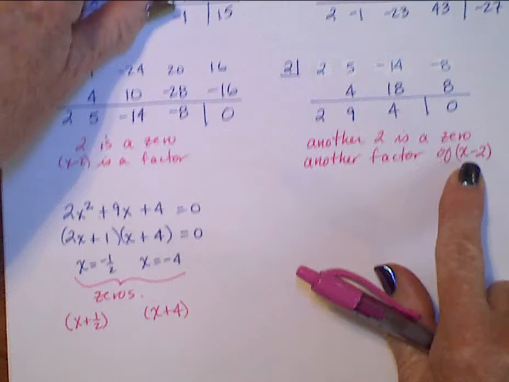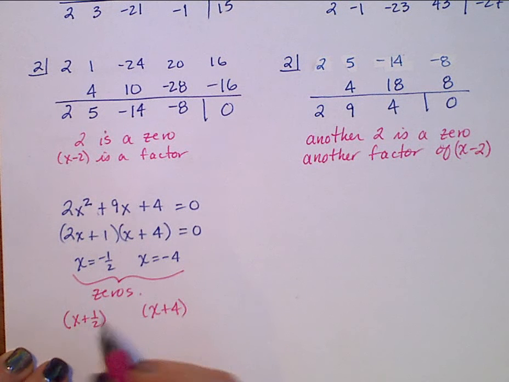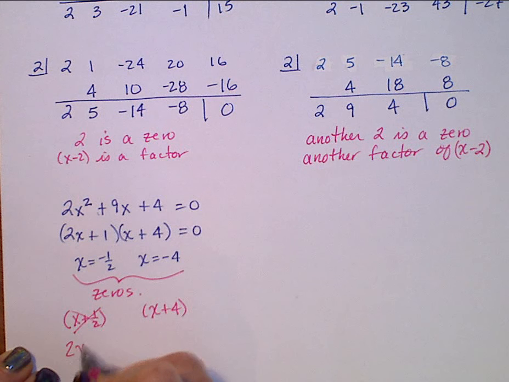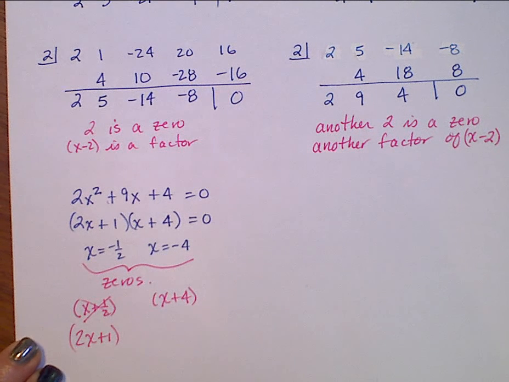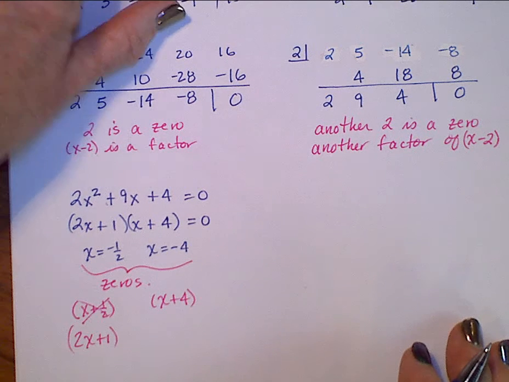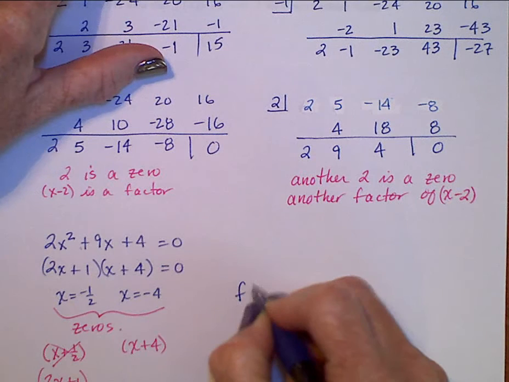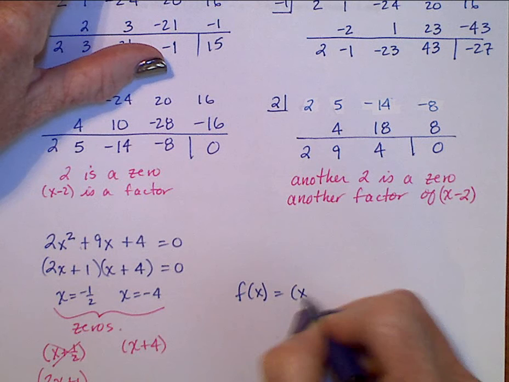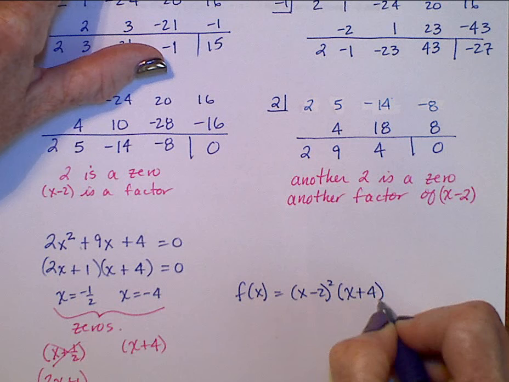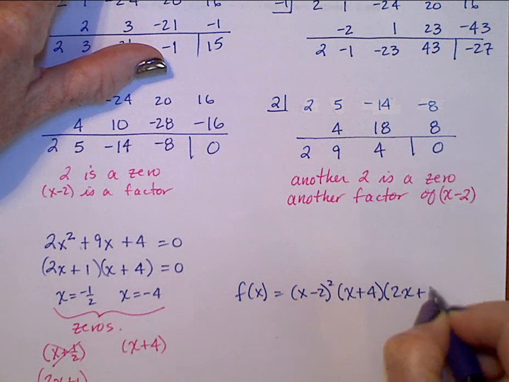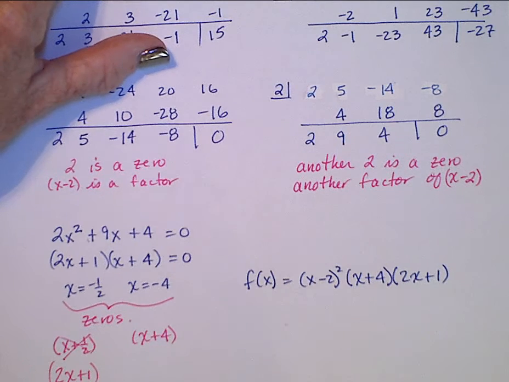So we don't want to write this factor as x plus 1/2. We want to write that factor as 2x plus 1. And if you think about that, 2x plus 1, set that equal to 0, solve it, you will get x is negative 1/2. So our answer to this problem says factor this: f of x is x minus 2 quantity squared times x plus 4 times 2x plus 1. There we go.